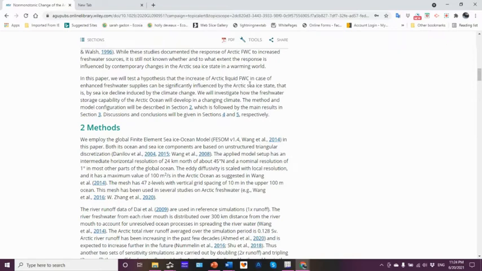They're saying that this might help increase the freshwater content in the Arctic Ocean. Again, go back to those two general scenarios I outlined just a few moments ago. We'll investigate how the freshwater storage capability of the Arctic Ocean will develop in a changing climate. And then they go on to explain what we're doing and the methods.